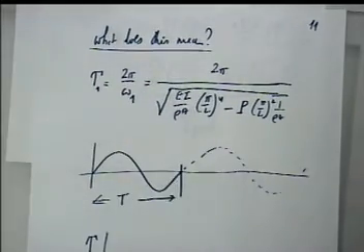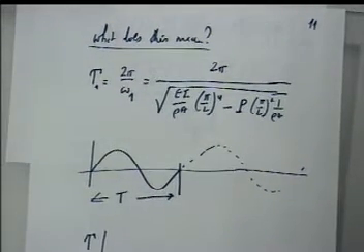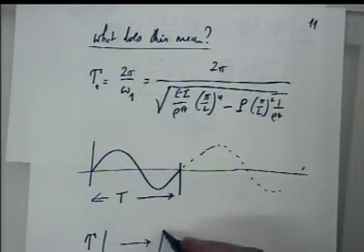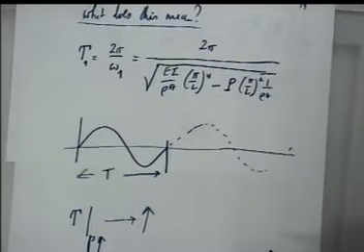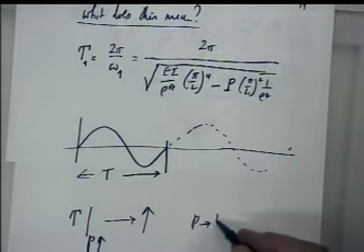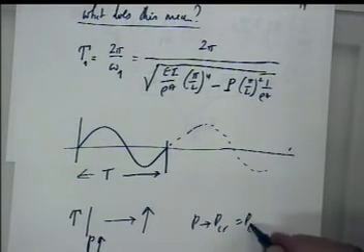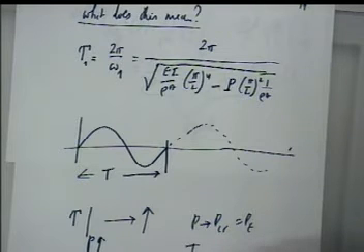What happens with the period? If frequency decreases, then naturally period is increasing. Now, when P goes to P critical, P Euler, then T becomes what?